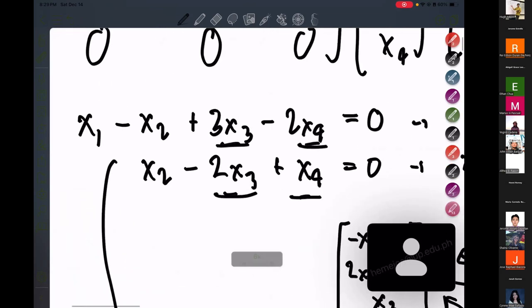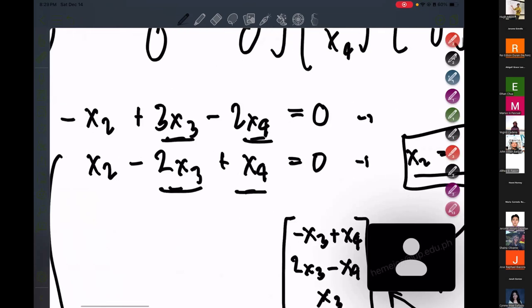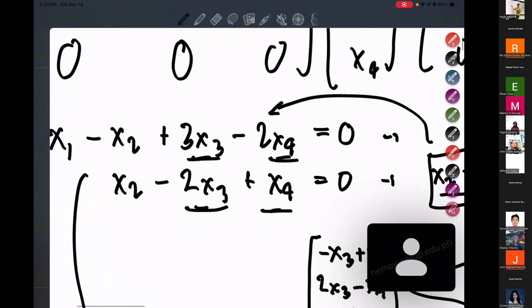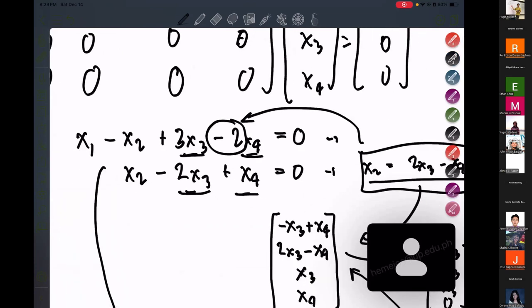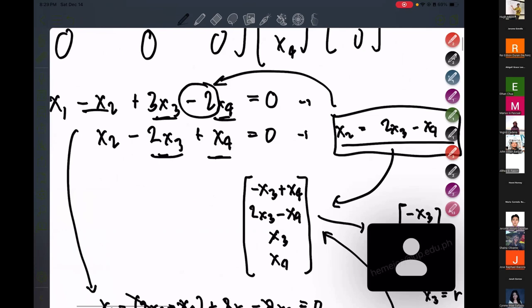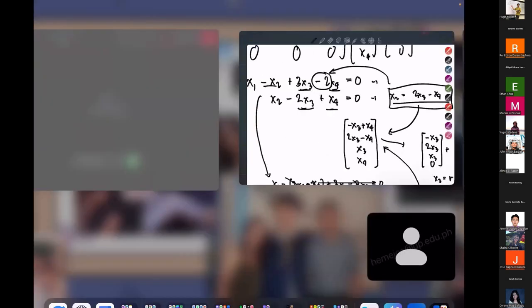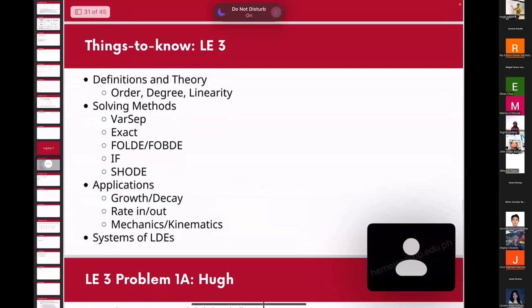Kasi when you plug in, di ba, we got the definition for x2 here. When you plug it in dito, it's also the least complicated. Kasi ayaw mo namang mag-multiply pa by 3 or mag-multiply pa by -2. Error prone yan. So might as well do x2 kasi it's pretty simple then sa first equation. So that's the thought process for that. I hope that was clear sa nagtanong. And I guess for everyone then who was wondering.